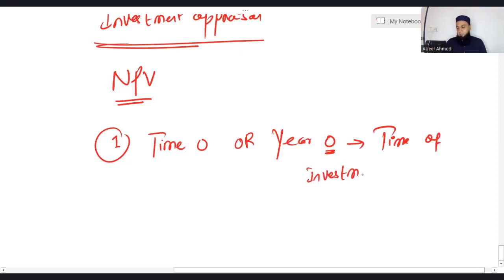Year zero or time zero means the point of investment. Whenever you make an investment, it could be any month, any day, but in financial management, the day of investment is considered as time zero. Okay.